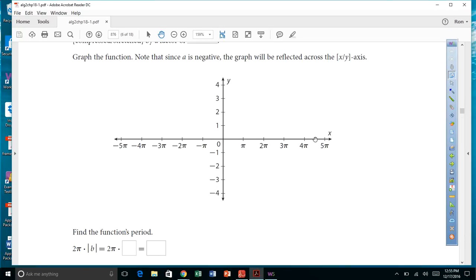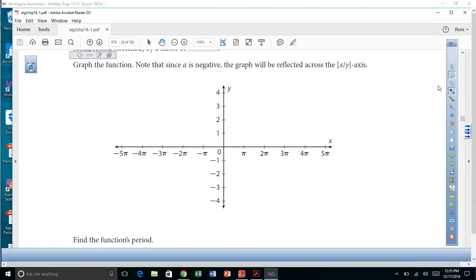All right, so here we go. And this is the cosine function, right? Instead of 1 here, since it was stretched by 3 and then reflected, that's going to make it -3. Then we have pi here, and then we're going to have +3, and then 3 pi, and then we're going to have -3 down here.